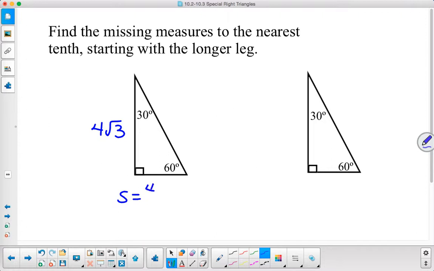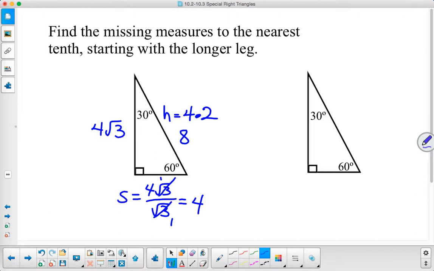If you have the long leg, you're taking that measurement divided by the square root of 3. This actually works out nicely because the square root of 3's divide out and we get just 4 for the short leg. The hypotenuse is always the short leg times 2. So 4 times 2, 8 for the hypotenuse.